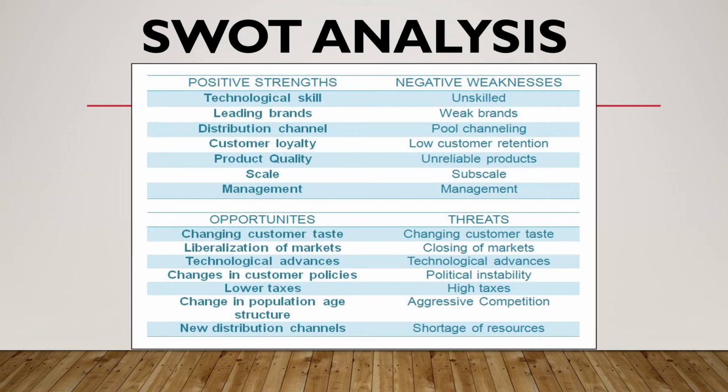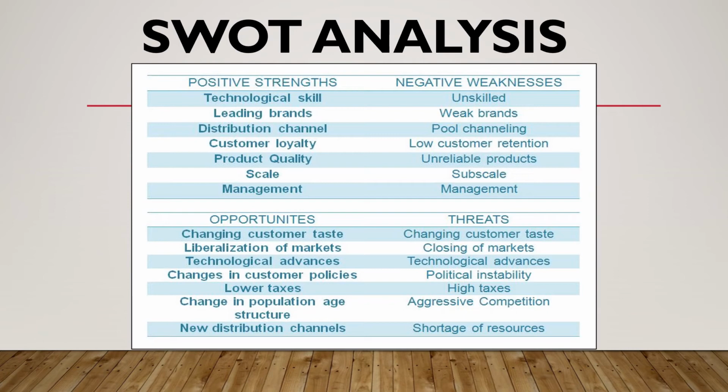If there is a change in customer taste, how does it impact the organization? If the organization does not know how to cater to the customers' needs and wants, in the end they will be unable to satisfy the customers.